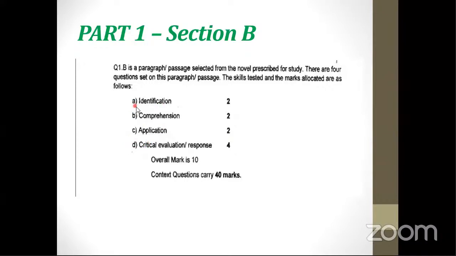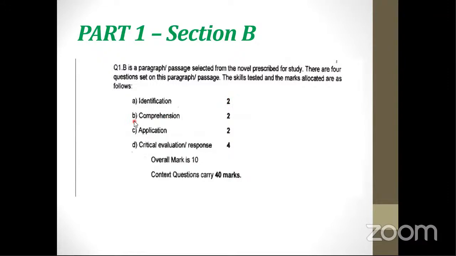A is identification. The first thing is to test whether you remember the context of the fiction and whether you can identify the exact situation, place, or event. That is what is meant by identification. For that, you get 2 marks. And B, comprehension.